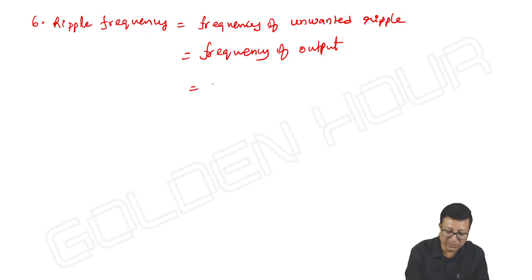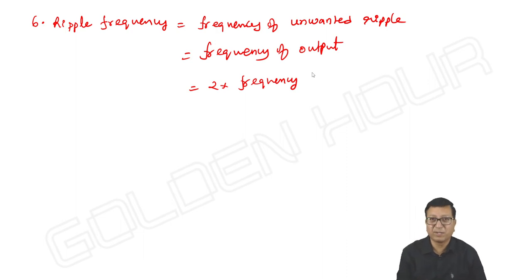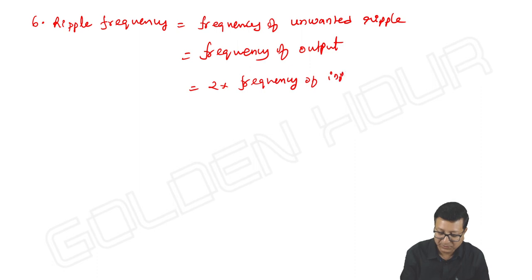And output frequency is 2 times the frequency of input. Time period of output is half the time period of input, so frequency will be doubled. What is its significance? We will see this later, in filters and all, we can discuss much better. At this stage, we are just measuring it.